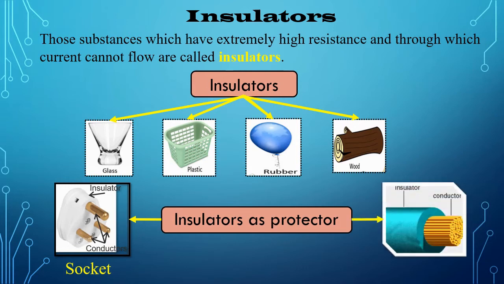Rubber is a soft, flexible electrical insulator used for wire insulation. Generally, metals are conductors and non-metals are insulators.